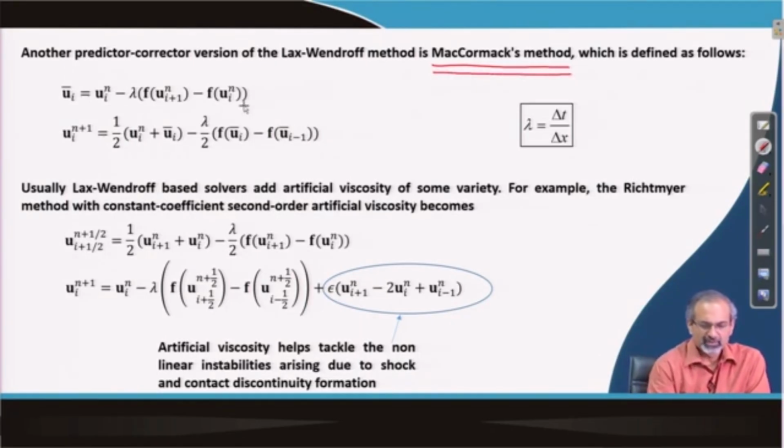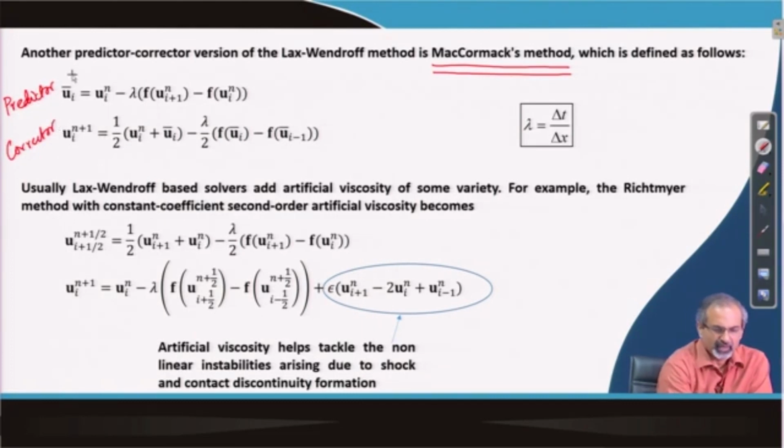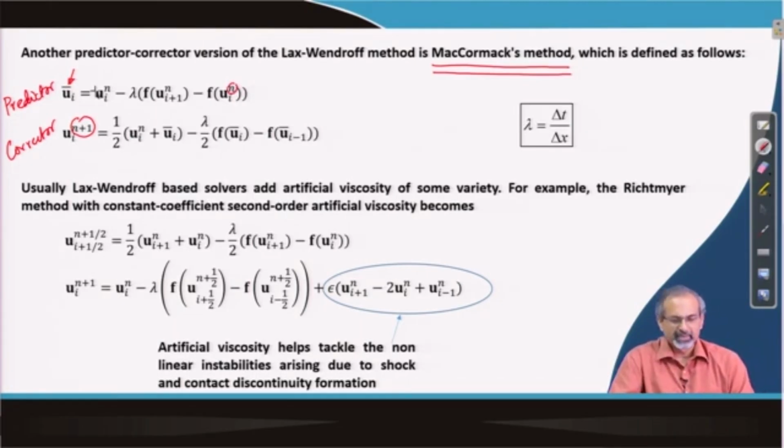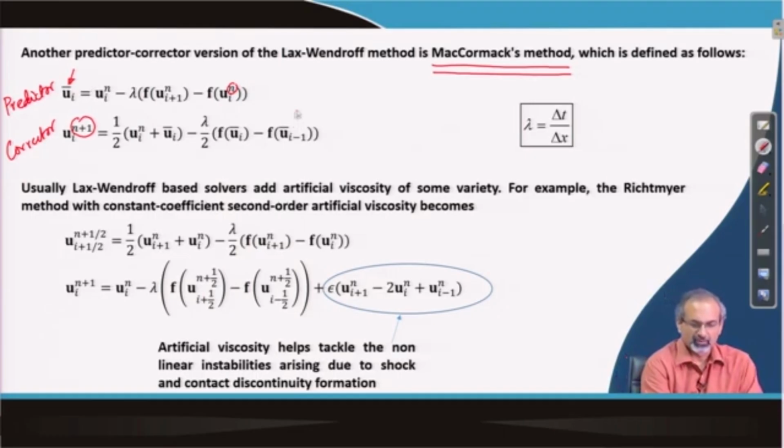Here once again you find that there is a predictor step and a corrector step, and the predictor step values are usually represented by an overbar, and the corrector step values are of course represented by the next time step value. So, once again you are going from the nth time step values to the predictor values which are indicated by an overbar, and the overbar field is taken to the corrector step which is the n plus 1th time step.